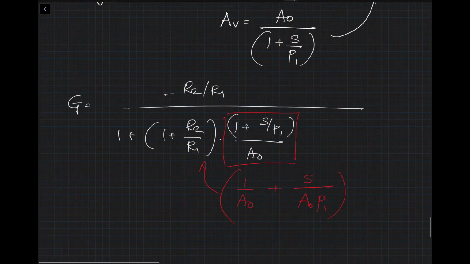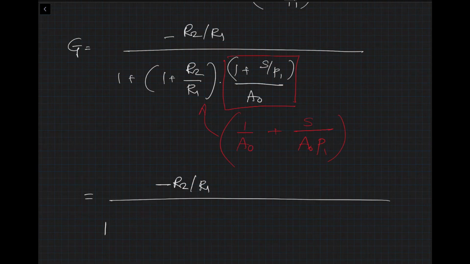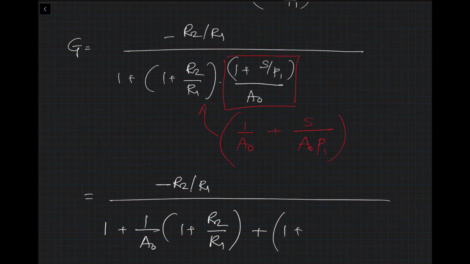Then we can spread this expression out. It would look like minus R2 divided by R1 divided by 1 plus 1 divided by A0, 1 plus R2 divided by R1, plus, I'm going to reformat this expression, just a minute, R1 times S divided by A0 P1.